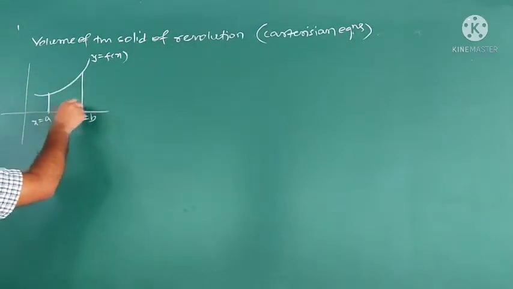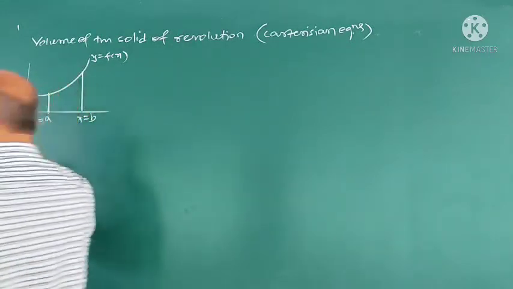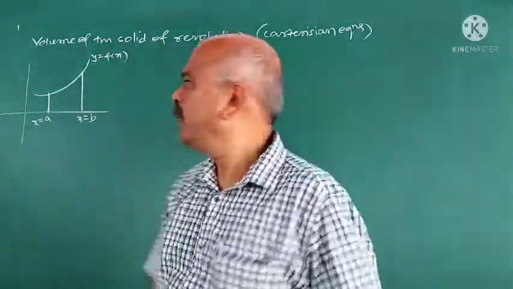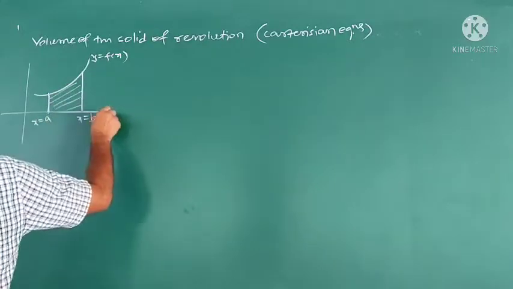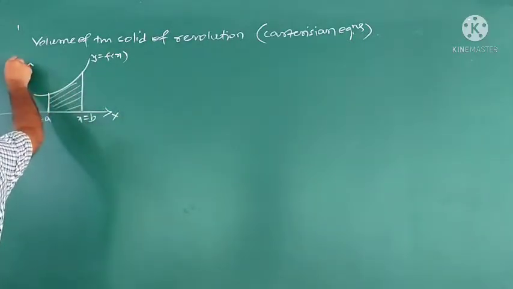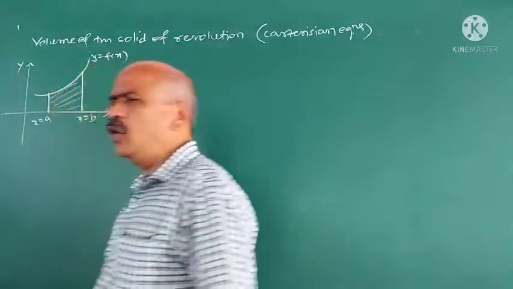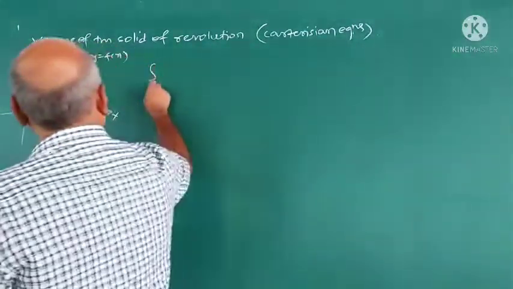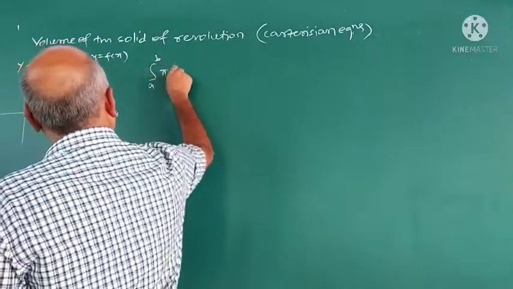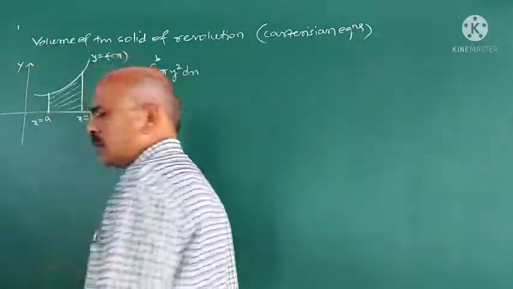Ordinates are drawn at a and b. If this area is revolved about the x-axis, then the volume of the solid thus formed is given by the integral from a to b of pi y square dx.